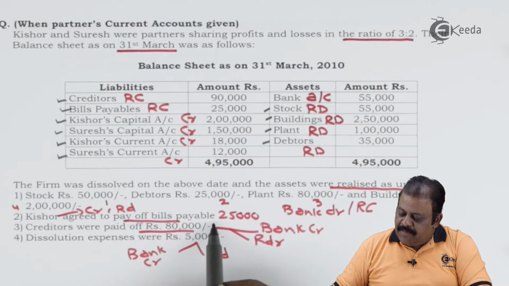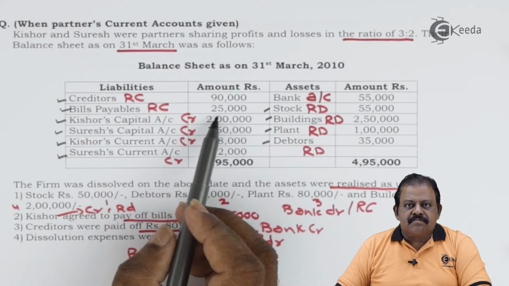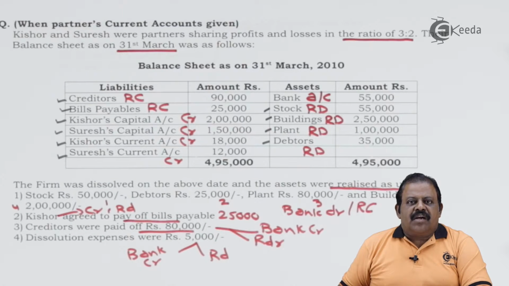Kishore agreed to pay off bills payable, that is rupees 25,000. Kishore's current account will be credited and realization account will be debited.